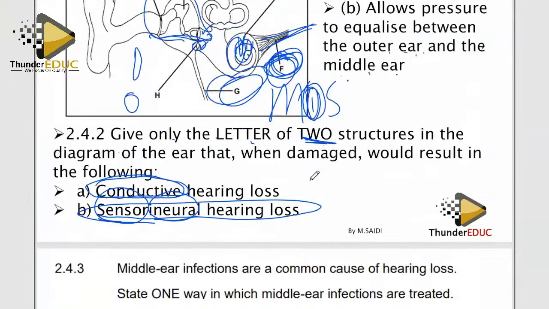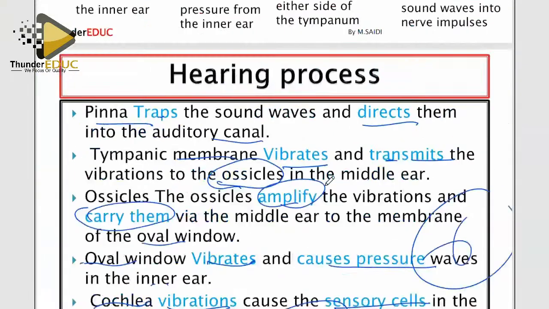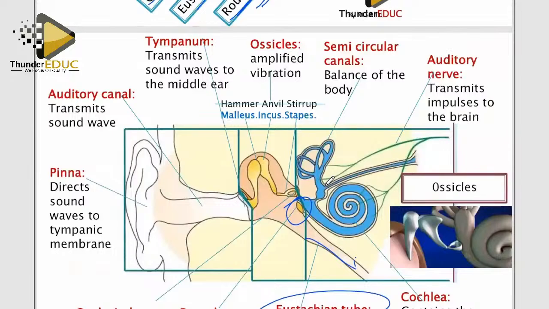Balance. You see, balance is being controlled by the semicircular canals. These semicircular canals have specific planes so that you are able to be detected at any angle you are talking about.